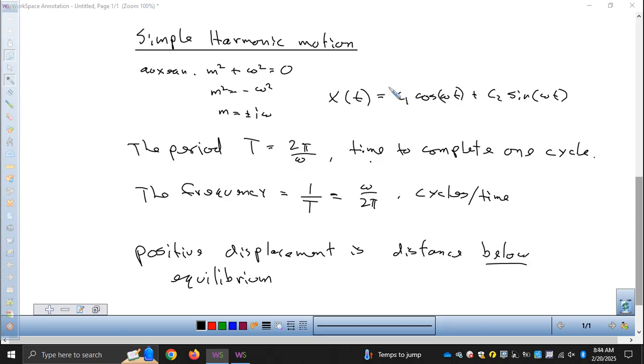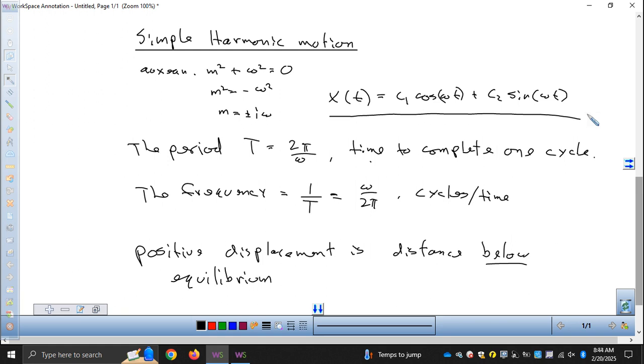When we find our constants, if we have an initial value problem, we call that equation the equation of motion. So once we determine our constants, this would be our equation of motion for simple harmonic motion.